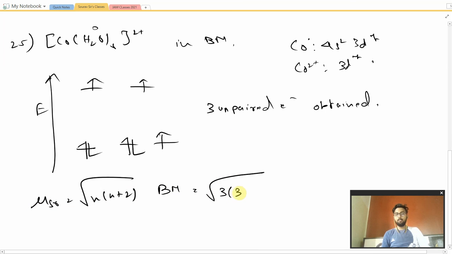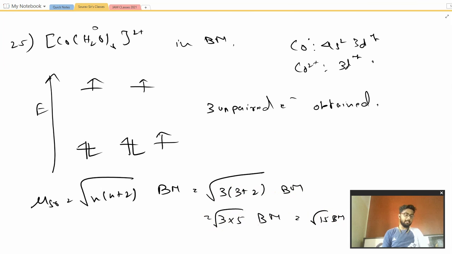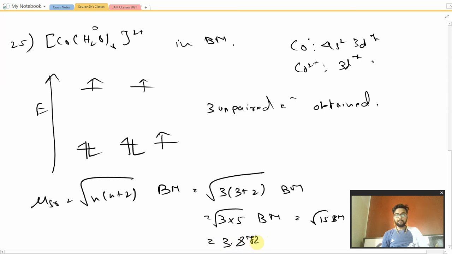So 3 into 3 plus 2 Bohr magneton gives root over 3 into 5, which is equal to root 15 Bohr magneton. Now let us calculate the value of root 15. This comes to be 3.872873, you may say.